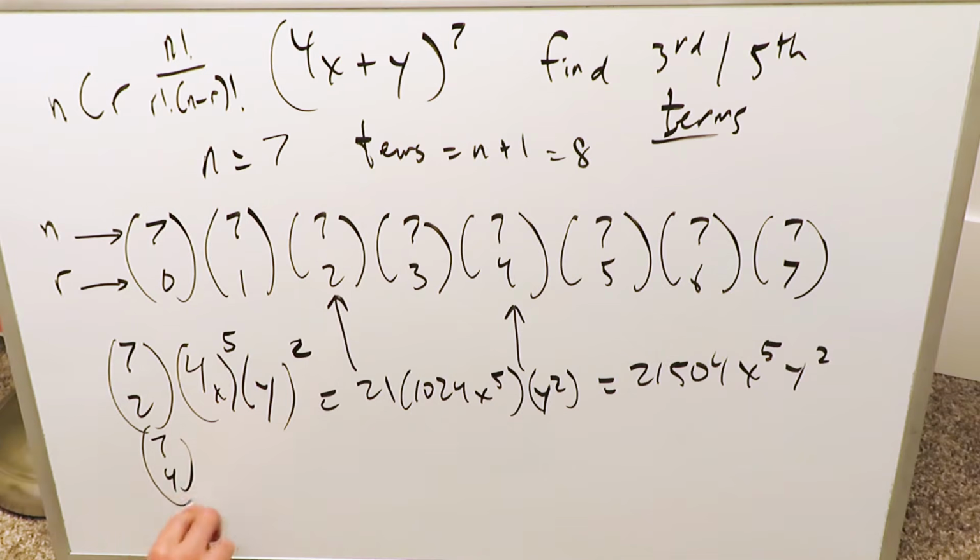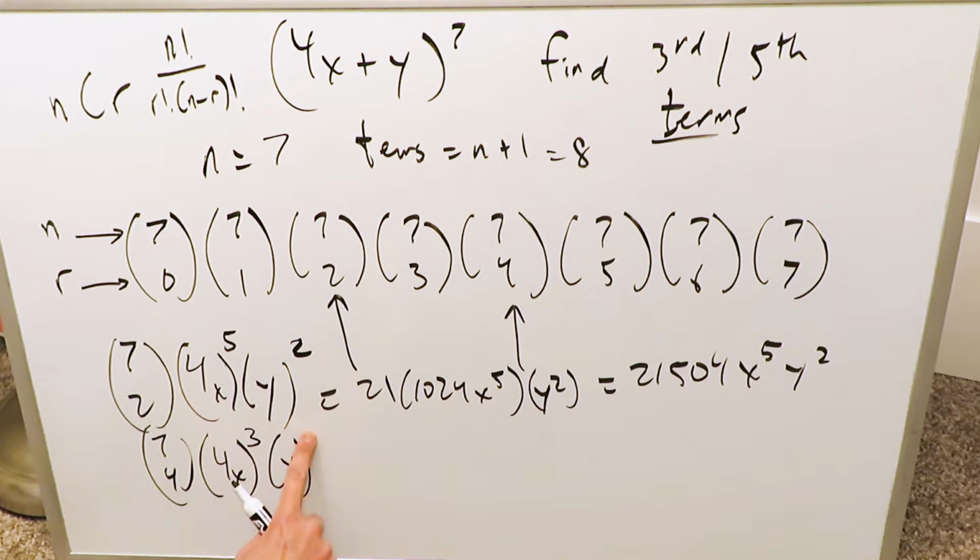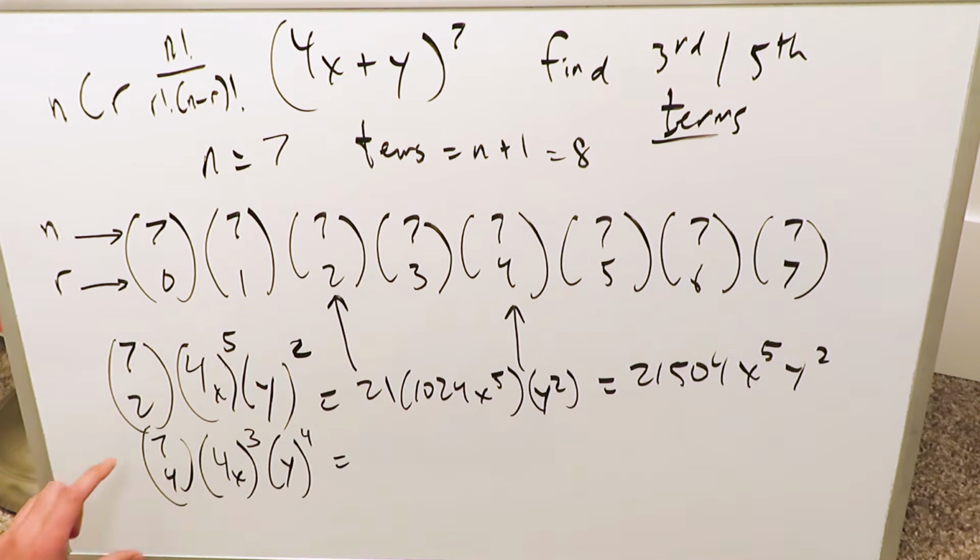7, 4. What am I going to put right over here? Obviously inside you're putting 4x, but what's the exponent? It's n minus r. 7 minus 4, it's 3. And for the y, the exponent here is always r. What you see right here will just come exactly right over there. Combinatorial coefficient, it'll be exactly that. 7 factorial divided by 4 factorial, 3 factorial, because it's n minus r factorial in the parentheses.